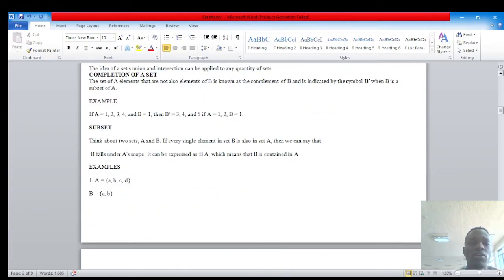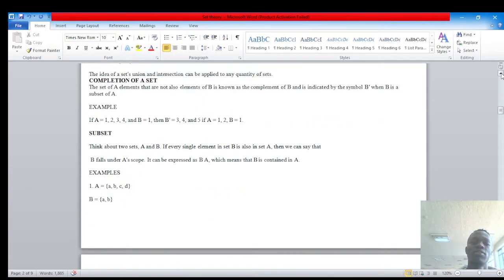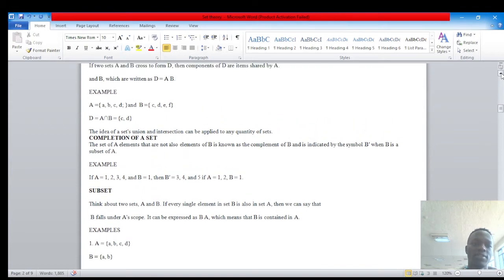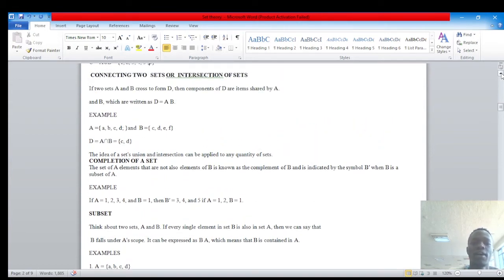Let's look at the intersection of sets. The intersection of sets is those elements which the sets share. If two sets A and B intersect to form D, then the elements of D are items shared by A and B, written as D is equal to A intersection B. Intersection is represented by this denotation.